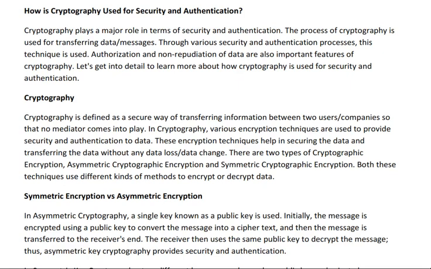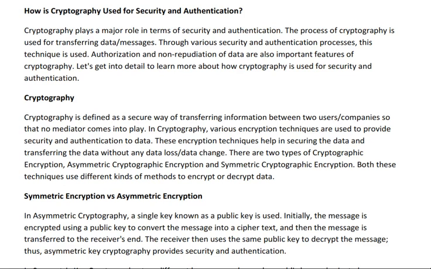There are two types of cryptographic encryption: symmetric and asymmetric. Both these techniques are different methods to encrypt and decrypt data. In symmetric encryption, a single key is used.